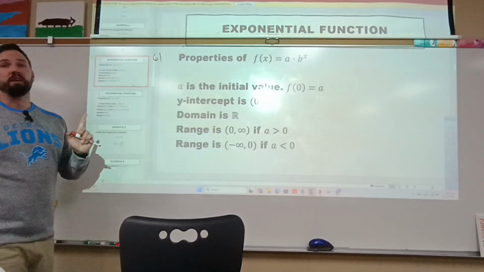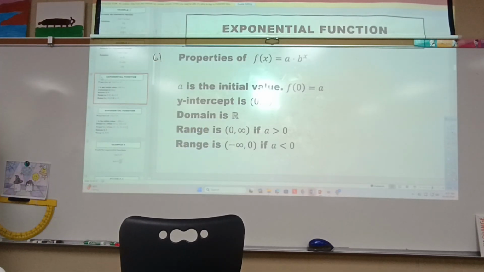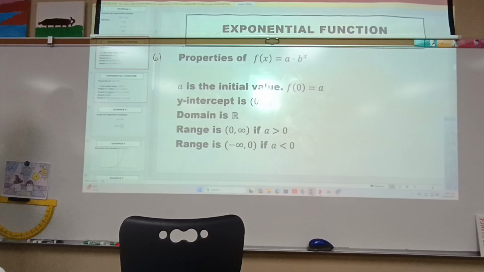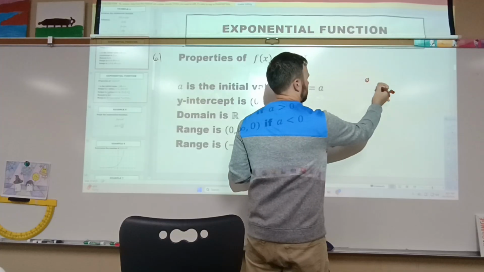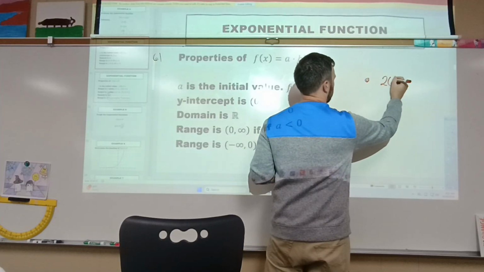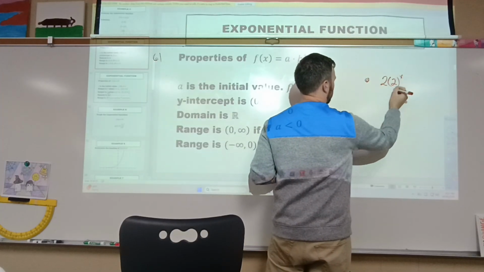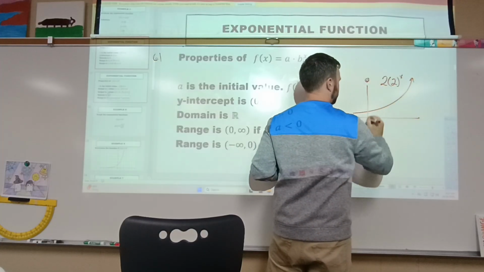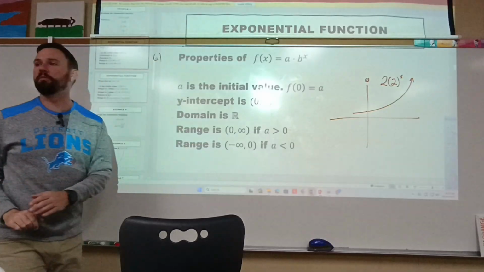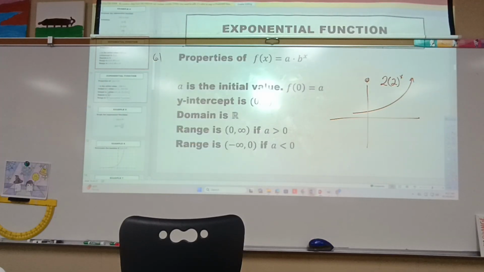But now our range, if I have a pure exponential graph, so if I have like 2 times, okay, that's going to be really basic, 2 to the x. My graph looks like this. Is there any number I can plug into that and get a negative? No, right?